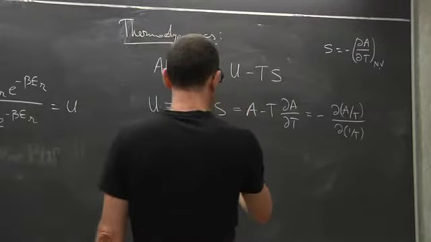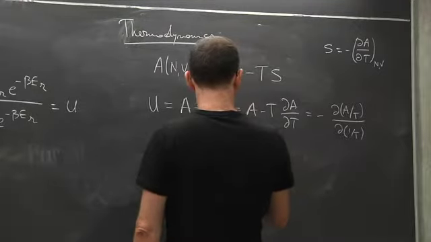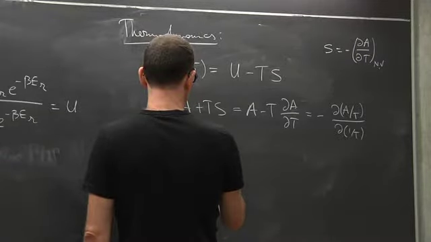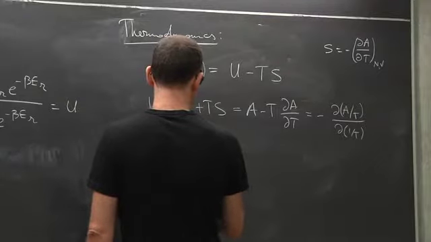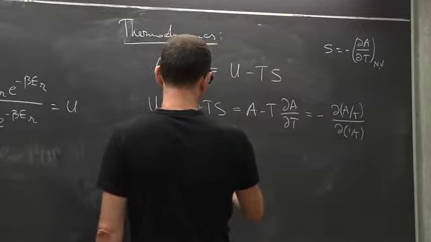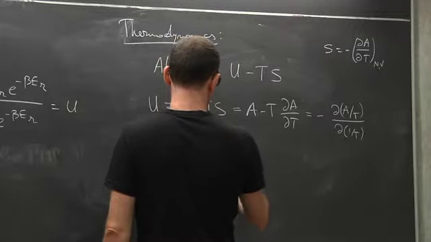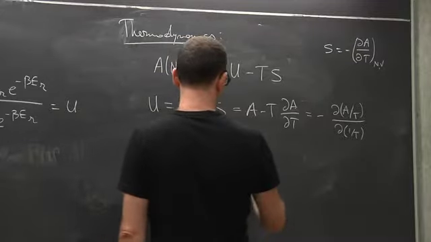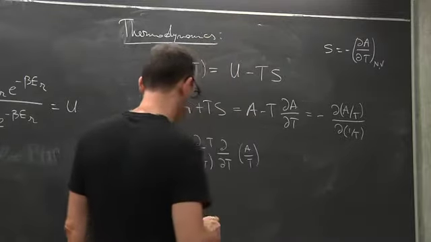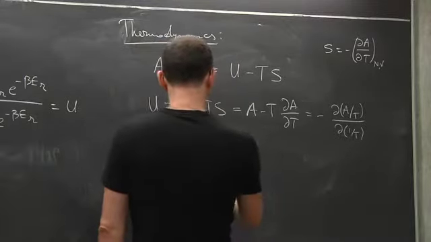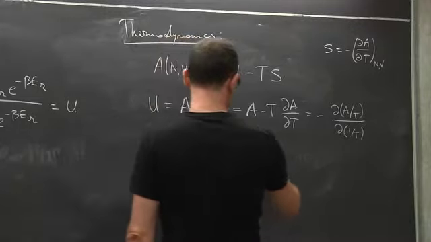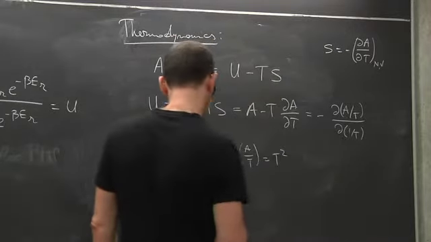Okay, and so why is this so? Because I can write this as the derivative with respect to 1 over T of T times the derivative with respect to T of A divided by T. And well, the derivative of T with respect to 1 over T is minus T squared, so this is T squared.